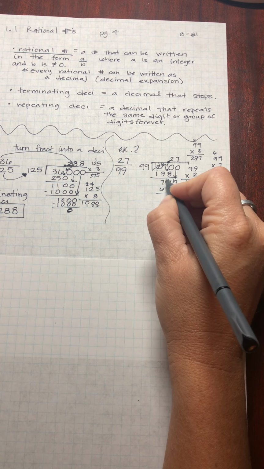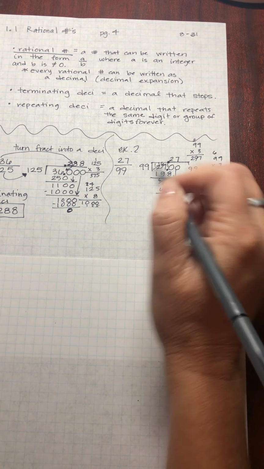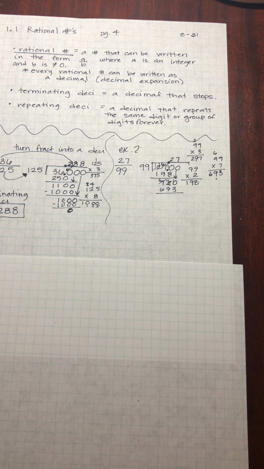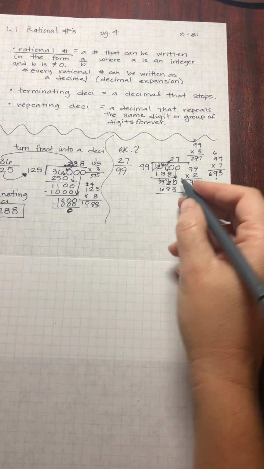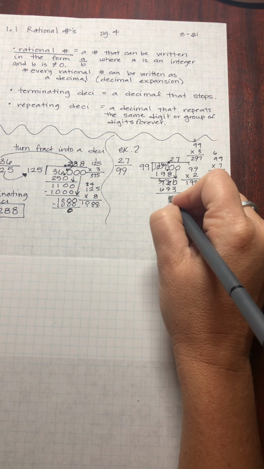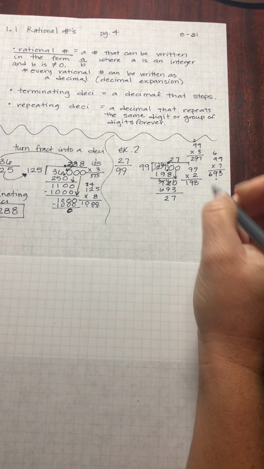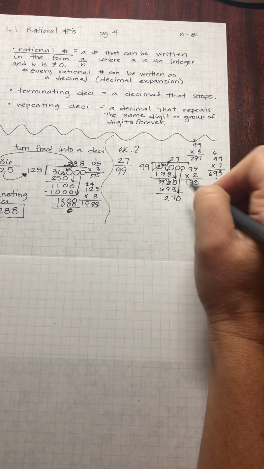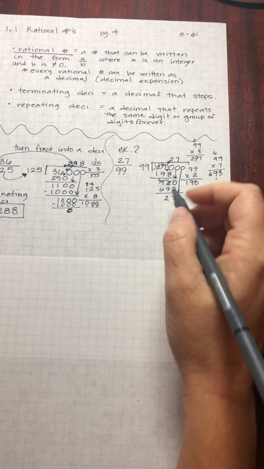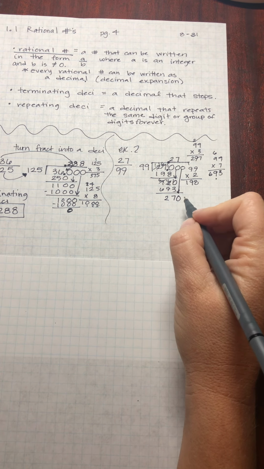So then I subtract and borrow, and I'm left with 7 and 2. So I bring down a 0. And I have 270.